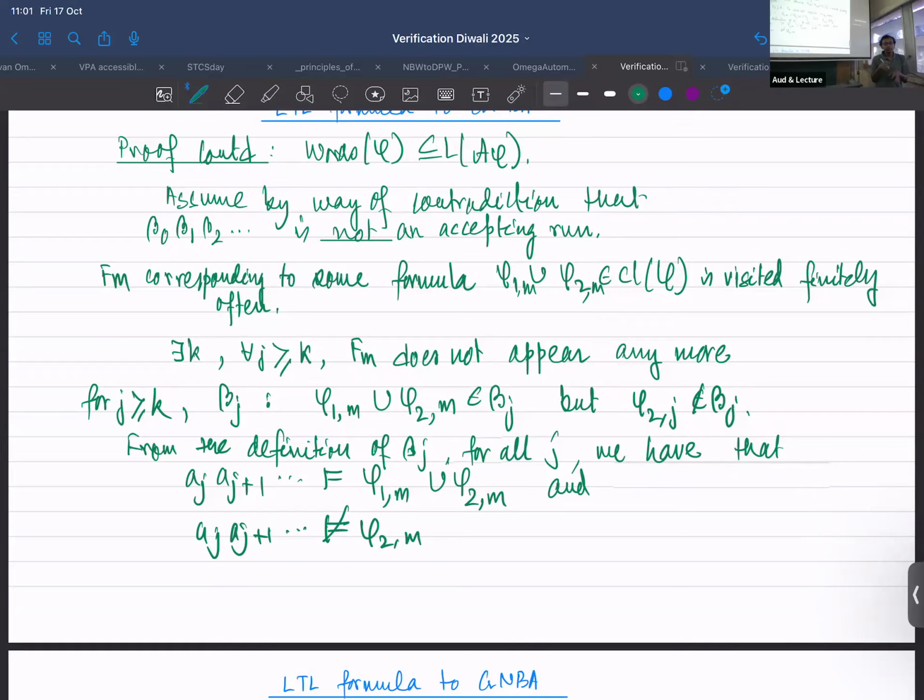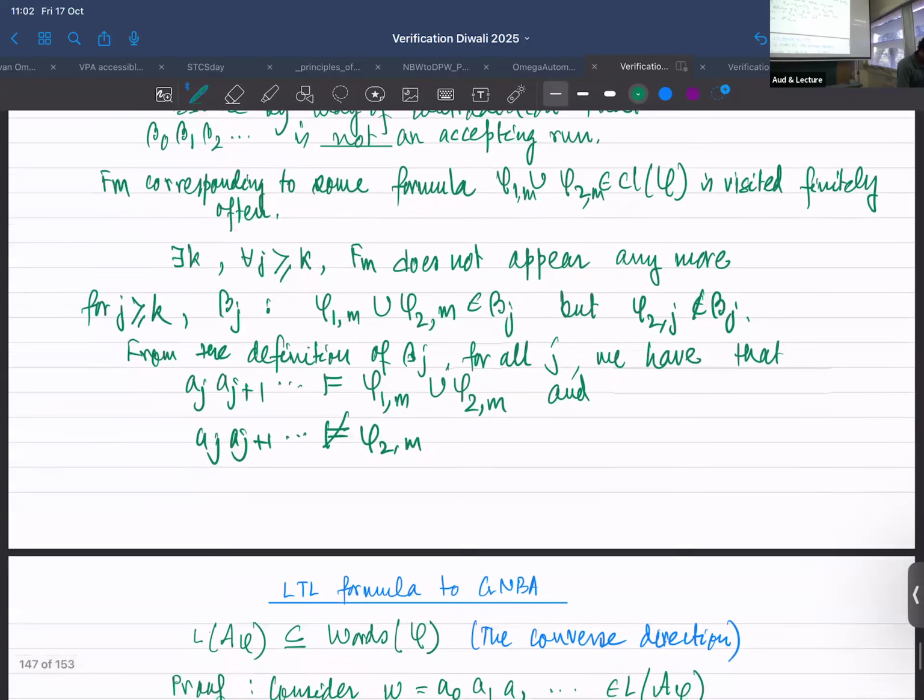So you were saying that each of them satisfies this formula, but actually none of them satisfies phi 2, right? Which gives a contradiction. Clear?